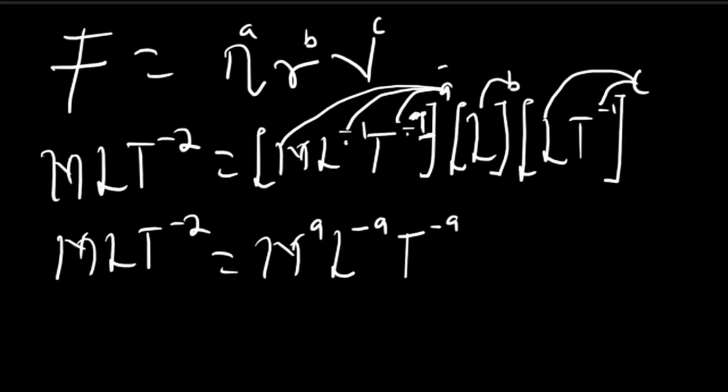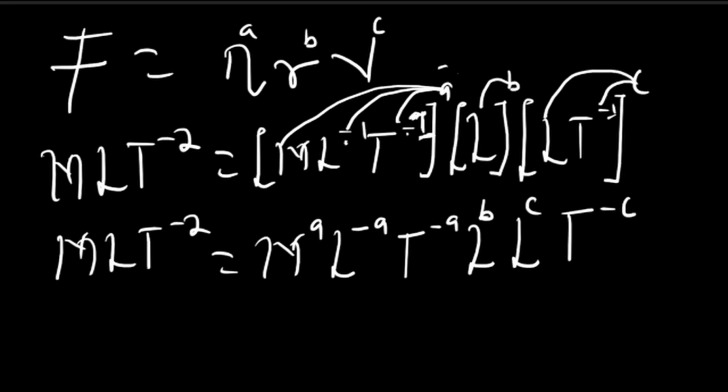Then here minus 1 again times a gives you minus a. And for the b, we now have L to the power of b. And for this one right here, we have L to the power of c. And then minus 1 times c gives you T to the power of minus c. Okay? So something like that.